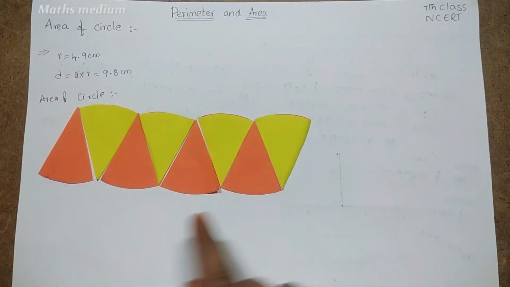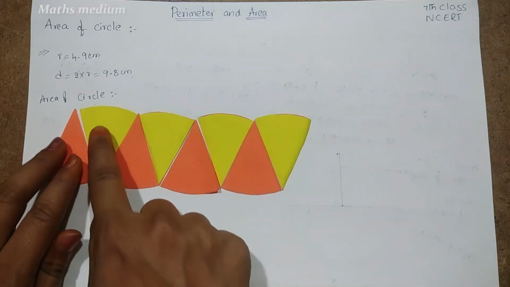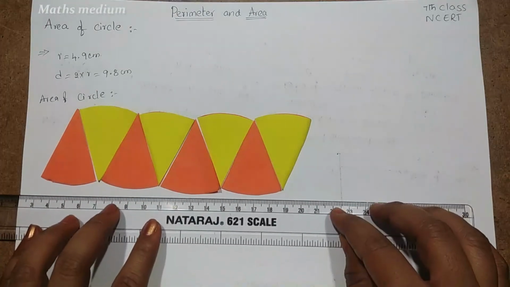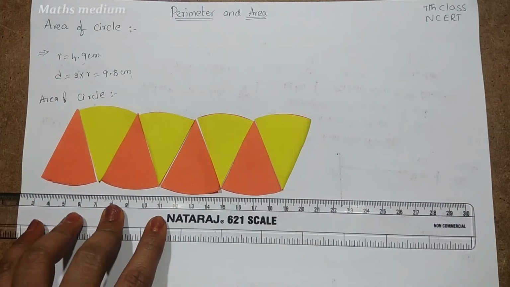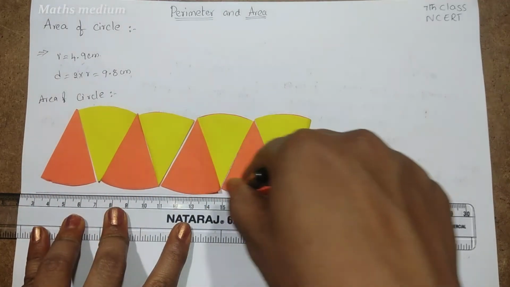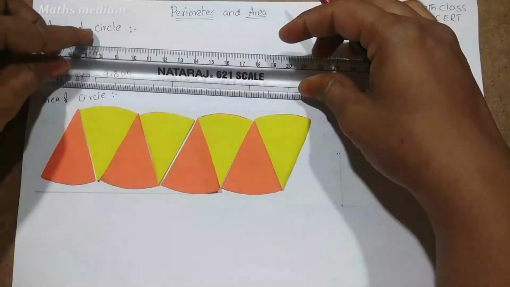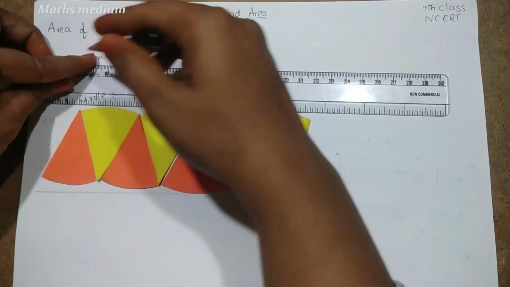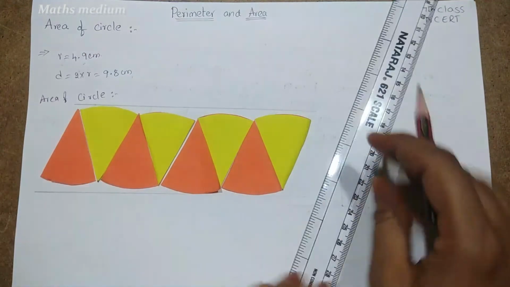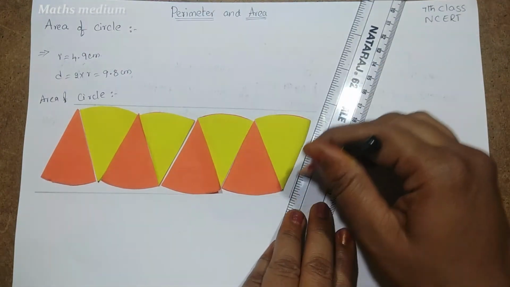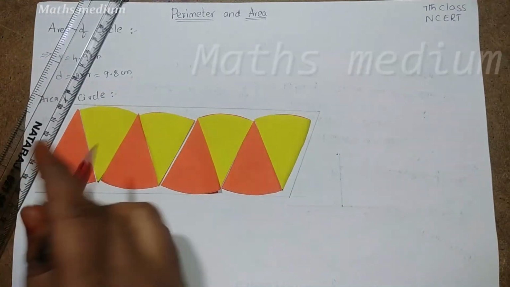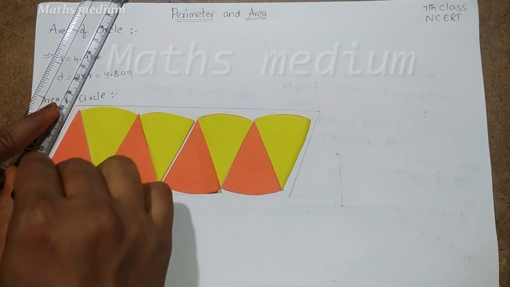If you observe this pattern, see, this is top and this is bottom. Now I am drawing slightly with a pencil, you will get a better understanding. See, this is like this, and top is also like this, and the side is like this, and here also we are having like this.